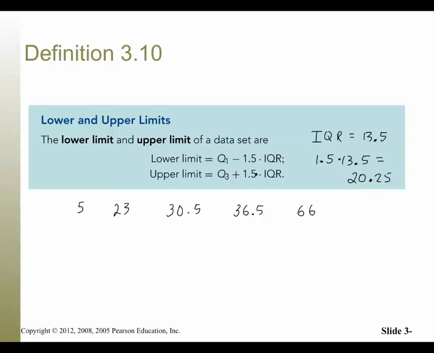So Q1, 23 minus 20.25. Is that 2.75? So 23 minus 20.25, I think it's 2.75. And if it's not, speak up. So where does that fall?